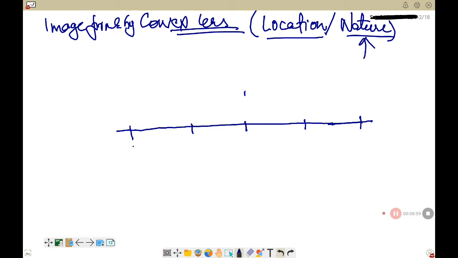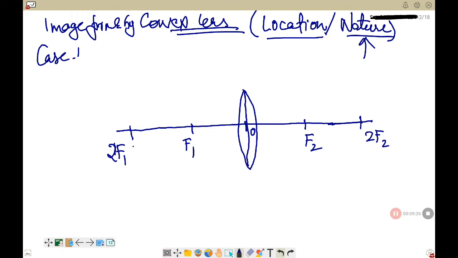The one at the center is the place where I will draw my convex lens. Here this is my optical center, this is my first focus. Here I have the center of curvature, that is twice of first focus. Here I have second focus, and this is twice of second focus, that is 2f2. Is it okay? Yes. So now let's see the first one, case 1.